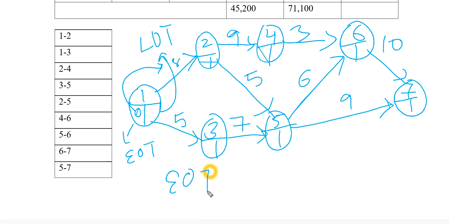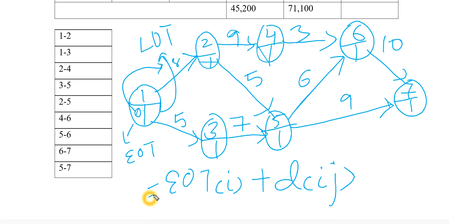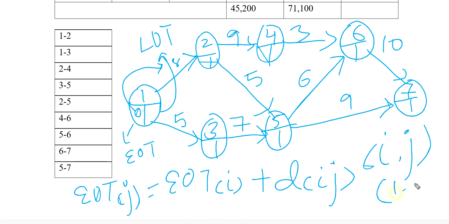EOT of i, which is 1, plus the duration of ij becomes EOT of j. So ij here is activity 1 to 2.